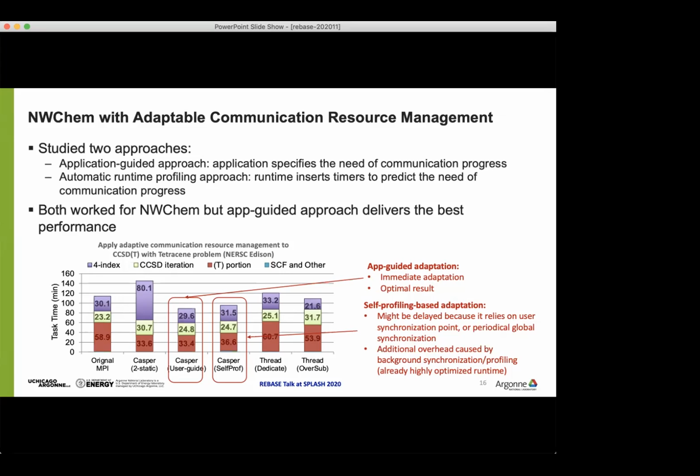For example, in our system, we try to predict the behavior change in the next minute or 2 minutes, but that minute is very important in the application. So it essentially delays the adaptation of the resource management and causes delay. We can say there's still about 10% performance difference between the two approaches.